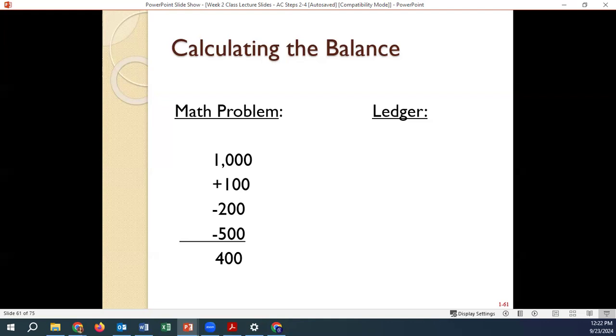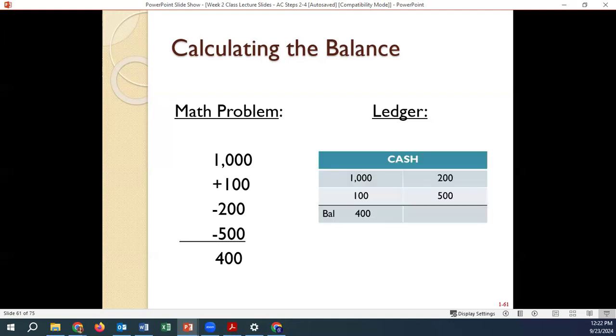Well, a ledger is pretty much the same thing. The difference is that instead of putting the positive and negative numbers all in the same column, we put them in two different columns. And this is where your debit credit rules come into play. What you have to do with your debit credit rules is first look at what type of account this is.